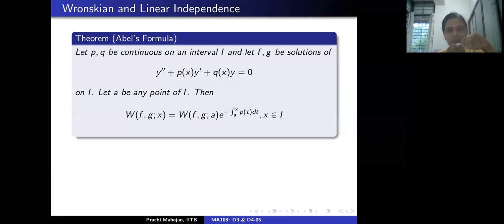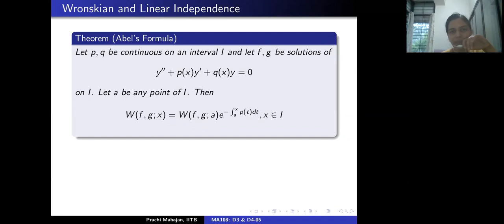Now p and q are assumed to be continuous on an interval I in R, and f and g are solutions of this differential equation on this interval I. If A is any fixed point on the interval I, I can compute the Wronskian of f and g at the point A.